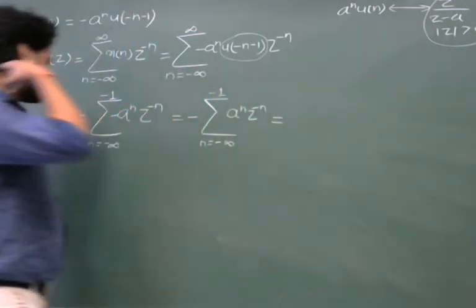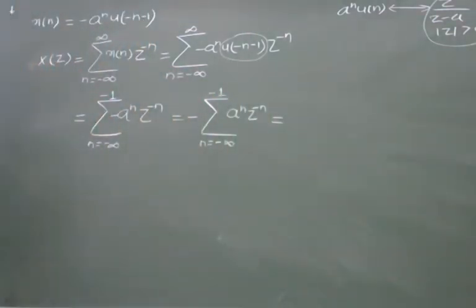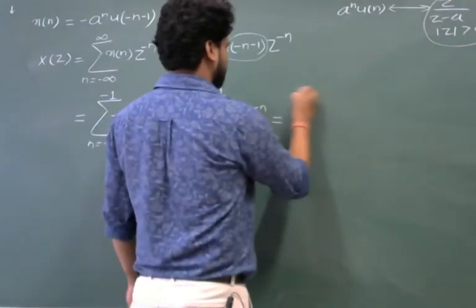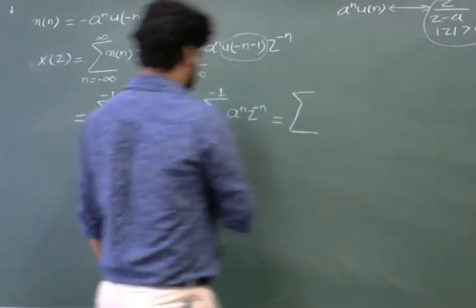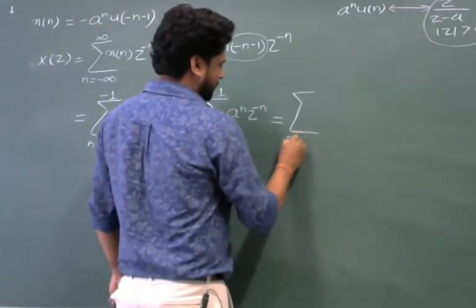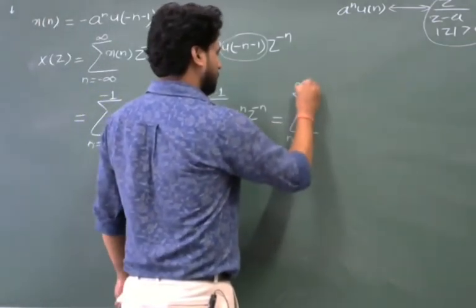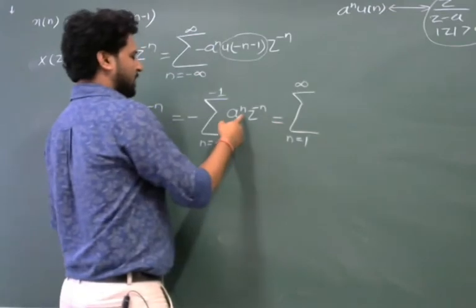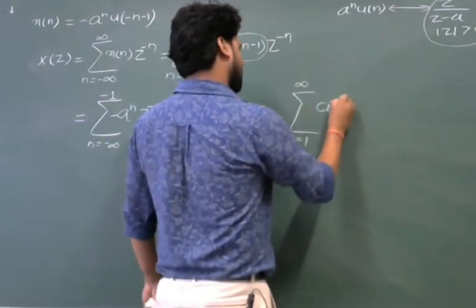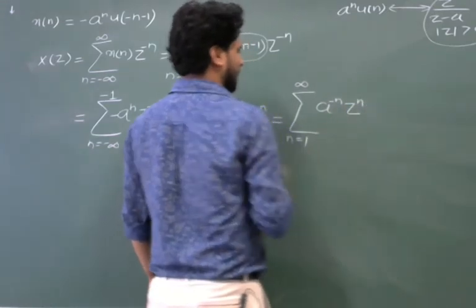And for simplicity, we can replace the variable n with minus n. So when I replace n with minus n, this will become from plus 1 to infinity, a power minus n into z power n.